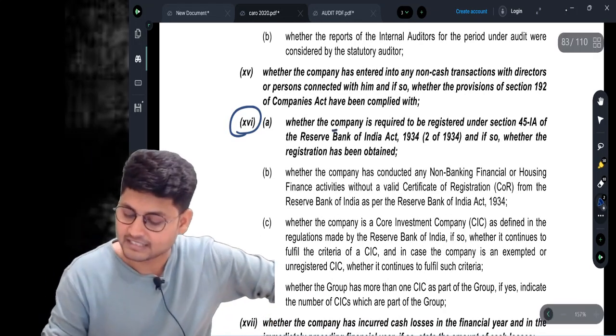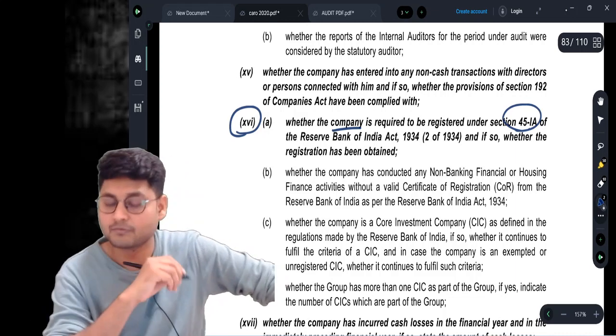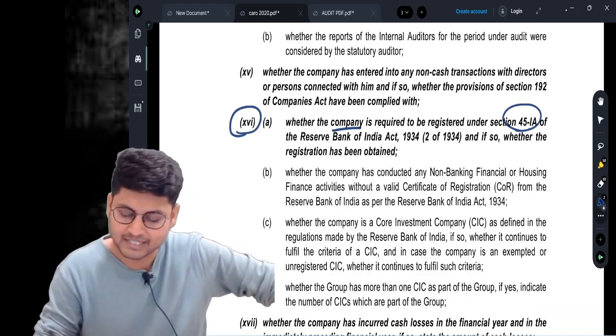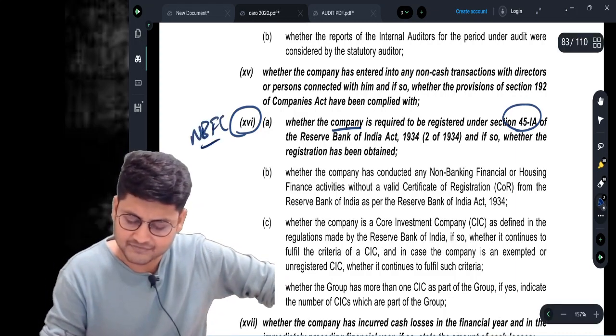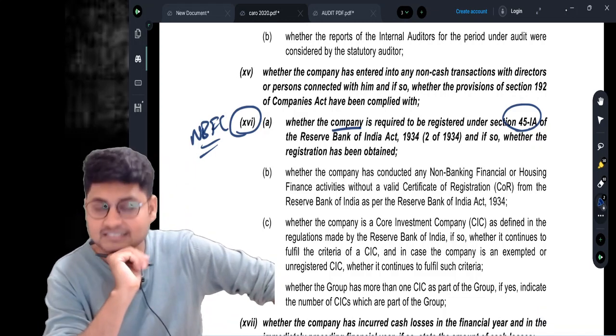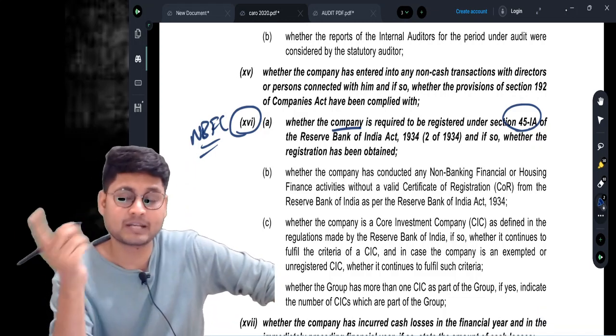Whether a company is required to be registered under section 45-IA of the Reserve Bank of India. This is called NBFC. For this there is a separate clause. This clause is applicable for NBFC.